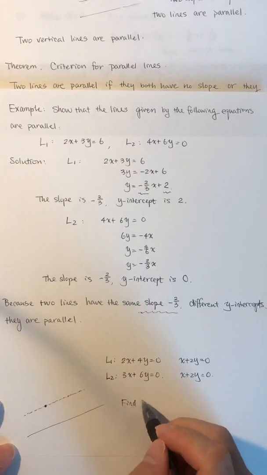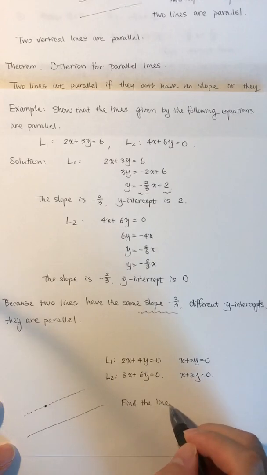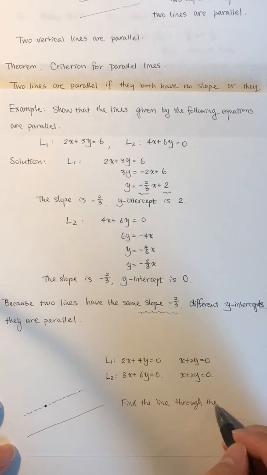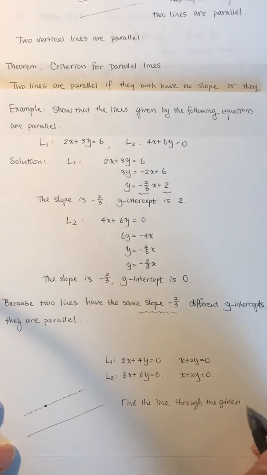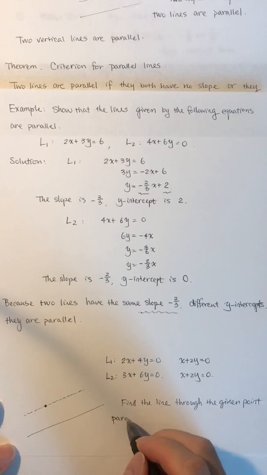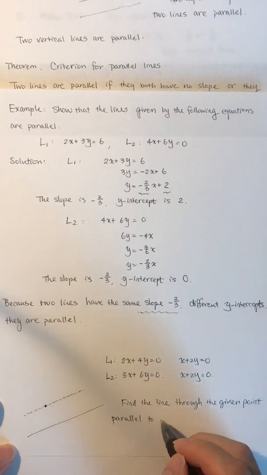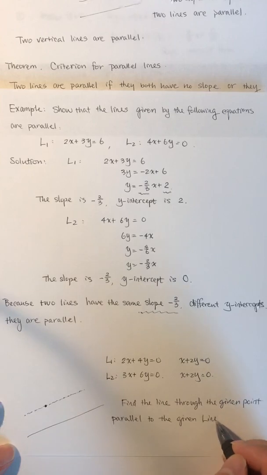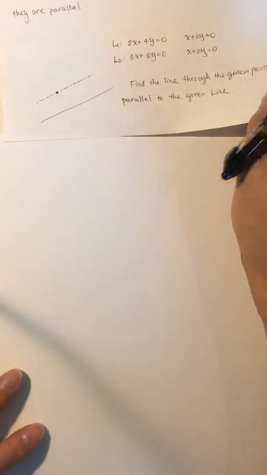Find the line through the given point parallel to the given line. Okay, this is a natural geometric question. All right, let's see how we do it.